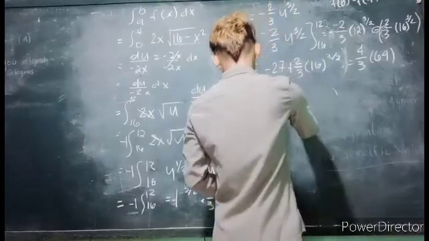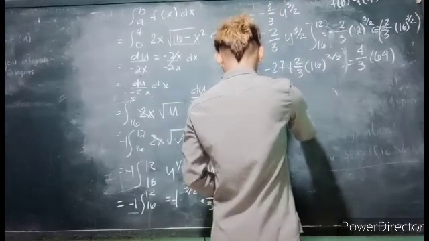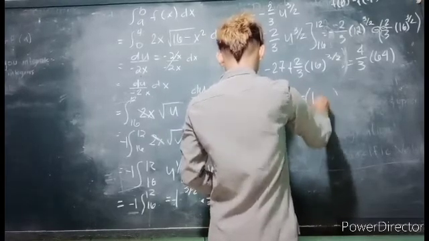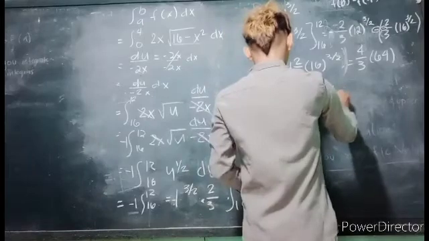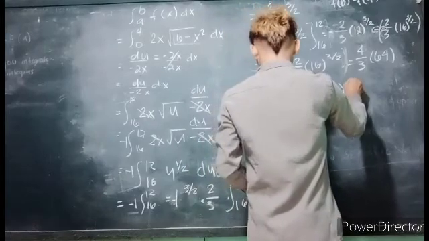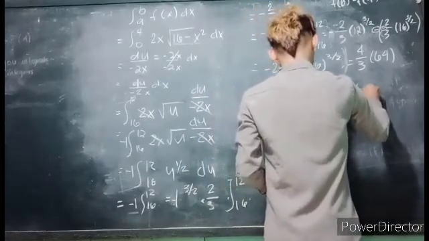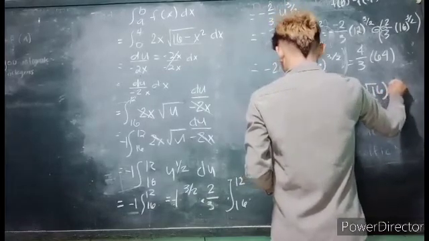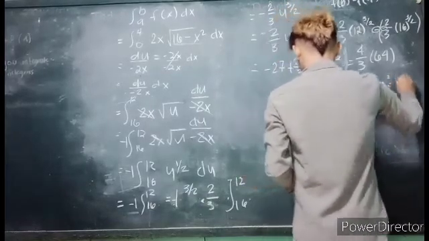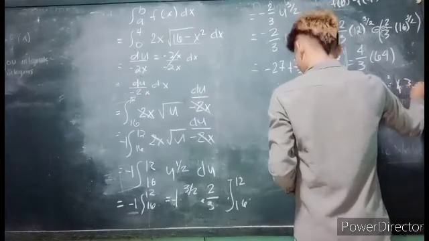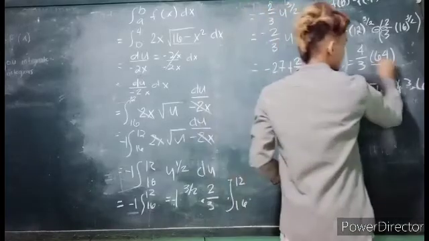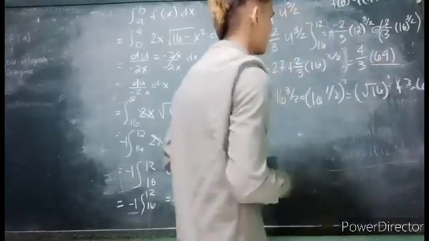So 16 raised to 3 halves, square root of 16 times 4/3, equals 64.